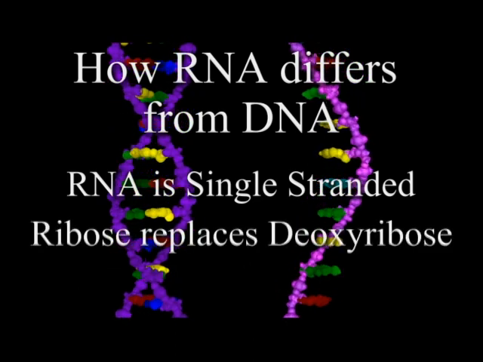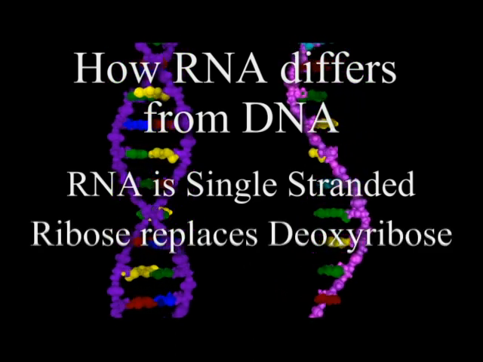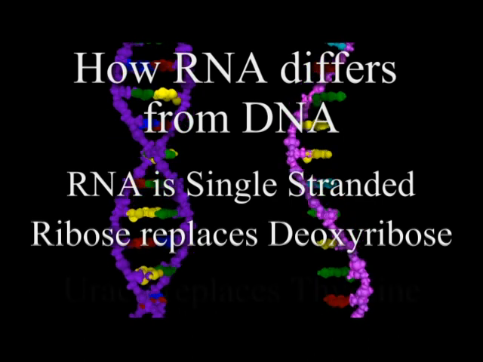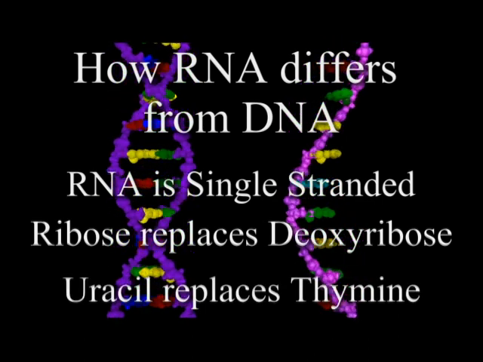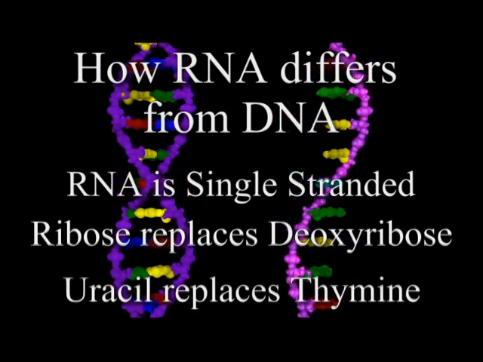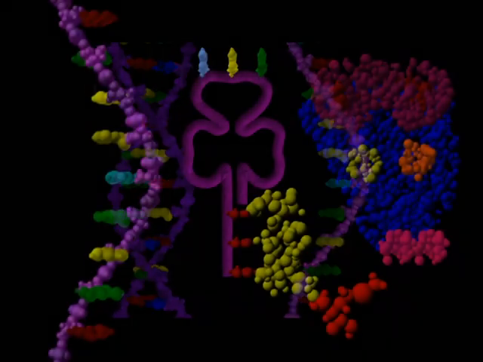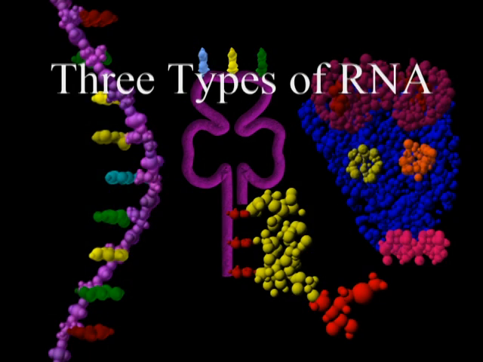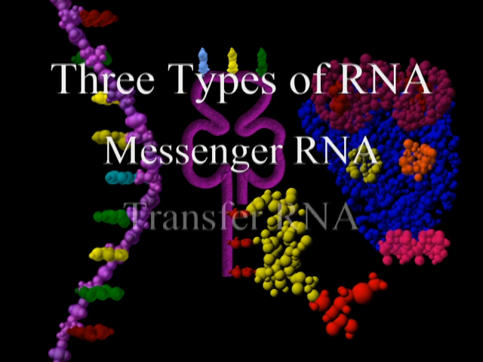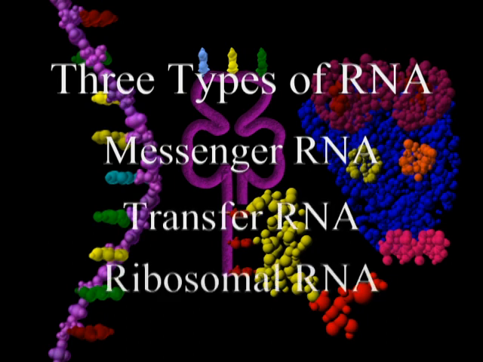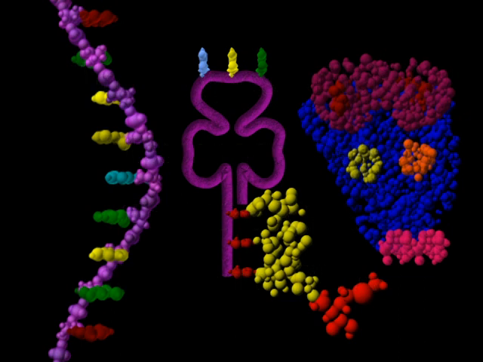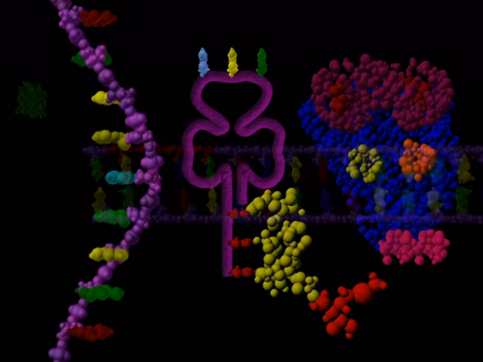The sugar in the backbone of RNA is ribose instead of deoxyribose, and the thymine base of DNA is replaced by uracil in RNA. There are three types of RNA: messenger RNA, transfer RNA, and ribosomal RNA. All three have critical roles in the process of synthesizing proteins from information encoded in a gene.